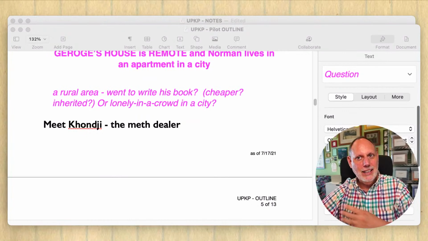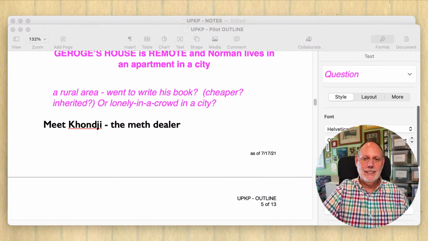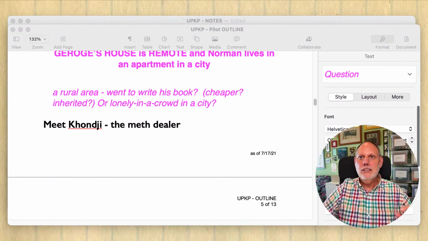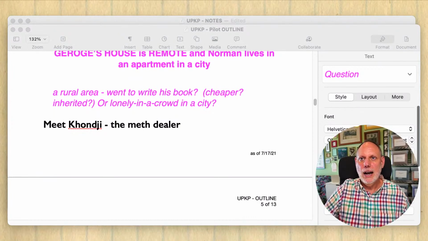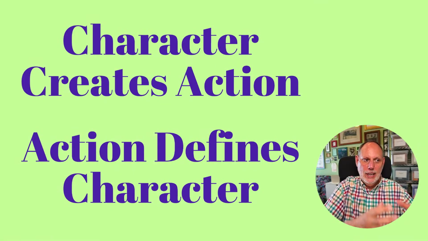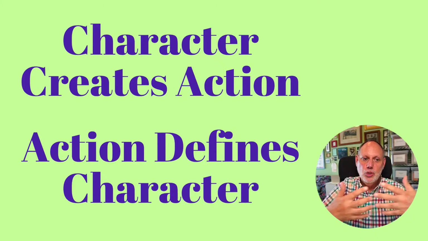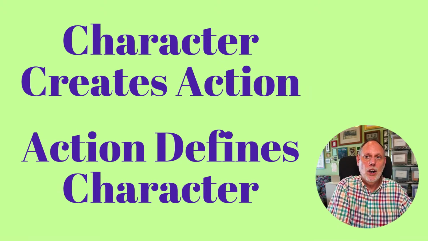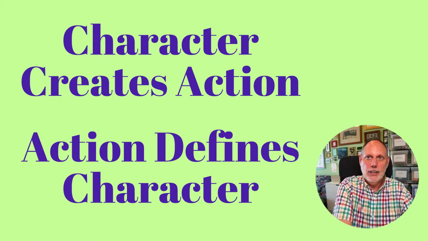Although the character, yeah, I mean, to a certain extent, every scene should come out of character. This is a big one for me. I believe action creates character, and character creates action. Every time somebody takes an action, they are revealing their character. They are showing us who they are. They are acting out of their character.